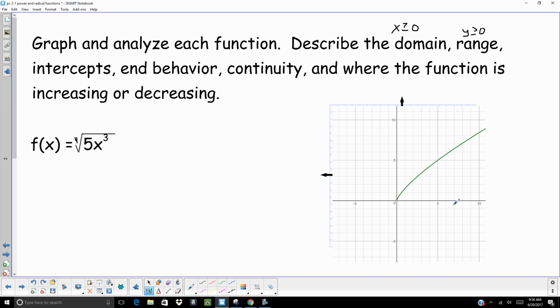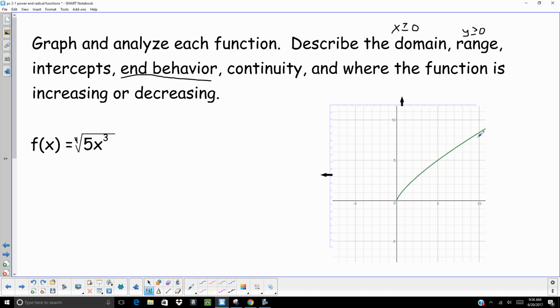Here, my end behavior, because we don't really have a left-hand side, it's starting at 0, 0. I would say as x goes to infinity, y goes to infinity. So we're only describing one side of the end behavior.